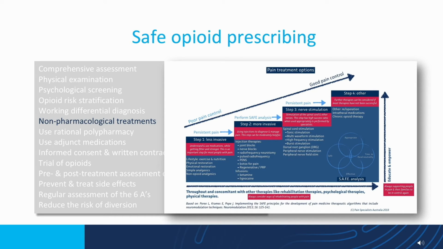Use non-pharmacological therapy. The bottom of this diagram, the bottom of this graph, is about rehabilitation. So physical, functional, psychological rehabilitation. Empower your patients, educate your patients, share with them what you're thinking. I know you do this anyway, but really define what you're thinking and why you're thinking, and focus on that first step. Lifestyle, wellness, use non-opioid medications, simple analgesics.